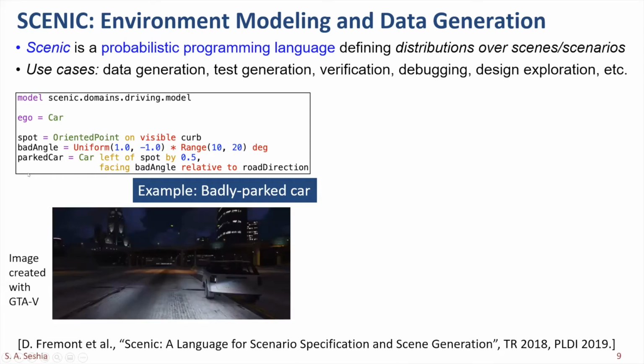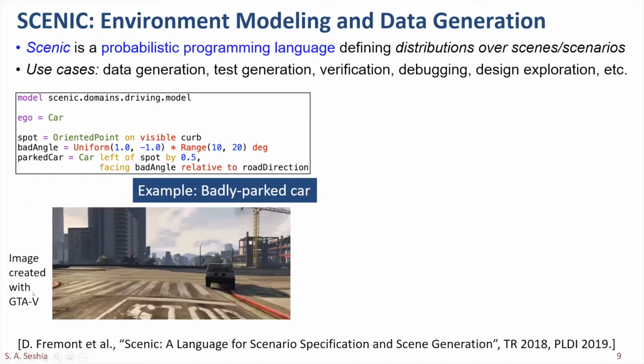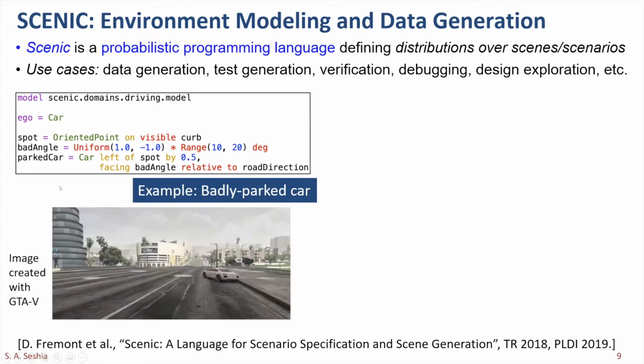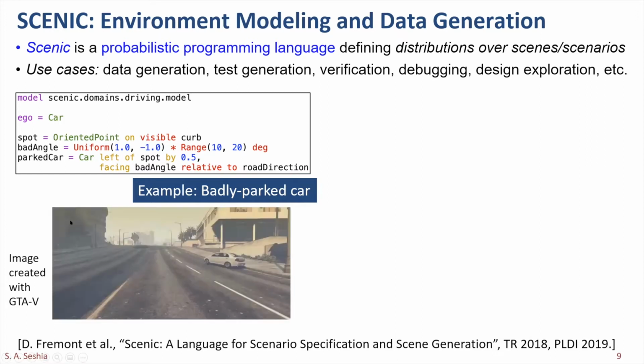And when you connect Scenic with a backend simulator or renderer, in this case the Grand Theft Auto 5 rendering engine, every time you run the Scenic program, it samples from its underlying distribution and produces an image. And you have some sample images shown down there.